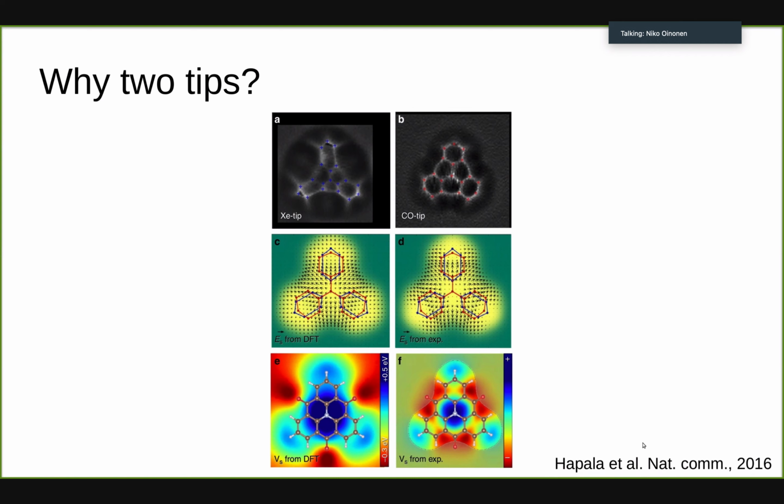In this paper, they also show that if you map the different distortions in the image, you can actually extract the electrostatic potential and field of the sample from the images. So we're trying to do something quite similar using the machine learning approach, which is more automated.